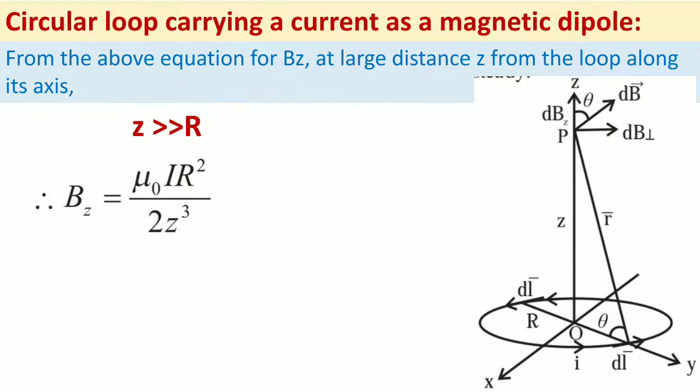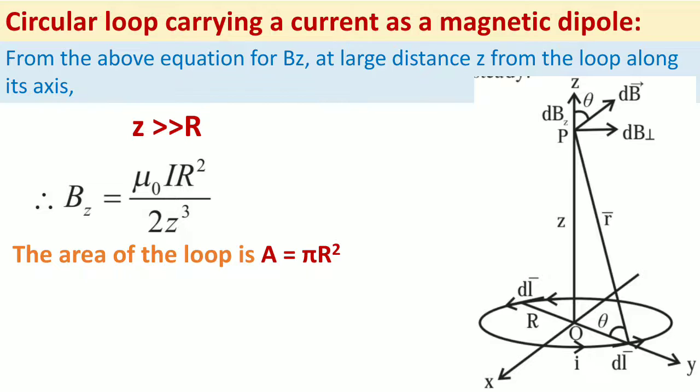So with the help of the very first equation, we can have Bz is equal to mu naught I r square upon 2 z cube. Now, as we know, the area of the loop is a circle, so the area of the loop is nothing but pi r square, where r is the radius, as you can see in the diagram.